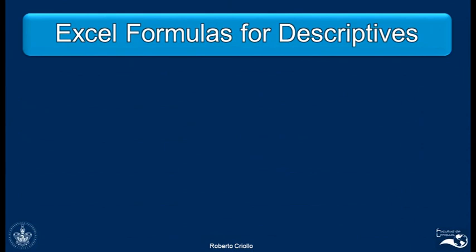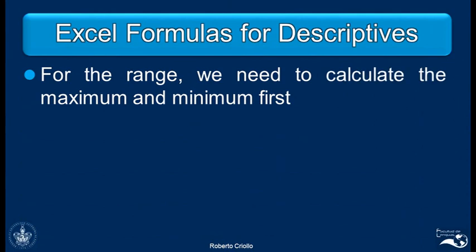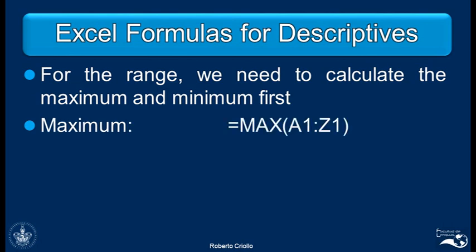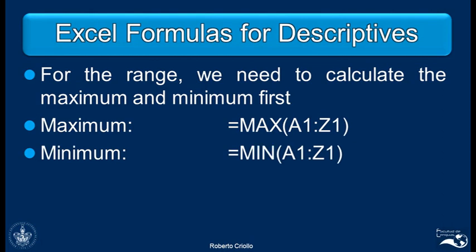Now, the formulas for calculating the measures of variability are as follows. First of all, for the range, we need first to calculate the maximum and the minimum. This is how we calculate the maximum. Then we're going to calculate the minimum, and this is the formula for the minimum. And afterwards, we calculate the range by subtracting the maximum minus the minimum.